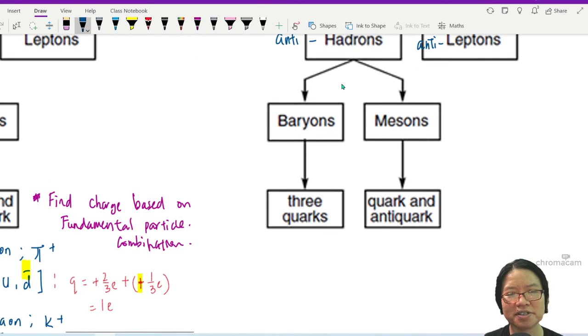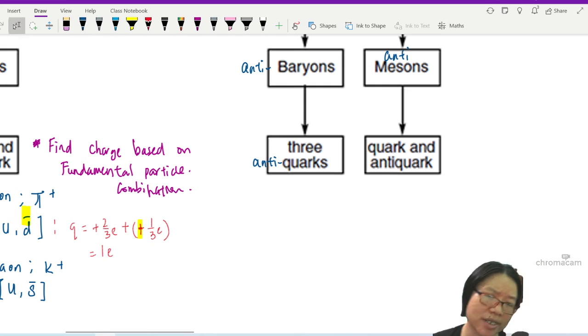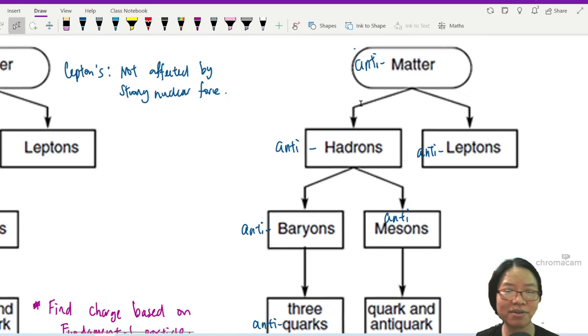And because of this, you will have an anti-baryon and an anti-meson. Okay, but will it consist of 3 quarks? No, it will consist of 3 anti-quarks. But this one is 1 quark, 1 anti-quark. The quark will become anti-quark, and the anti-quark will become a quark. So this one can stay. So everything else, you just add anti.